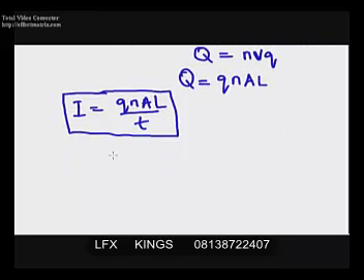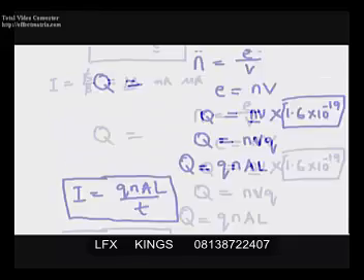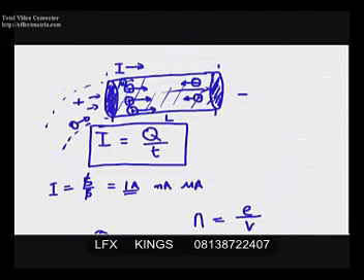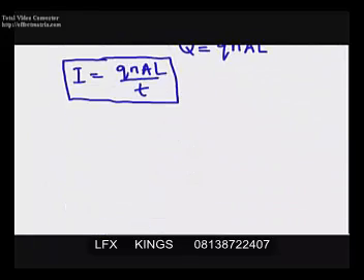I want you to know that these charges moving from this cross-sectional area to this cross-sectional area move with a particular velocity, and that velocity is called the drift velocity, Vd. Drift velocity Vd is equal to length divided by time, distance over time.